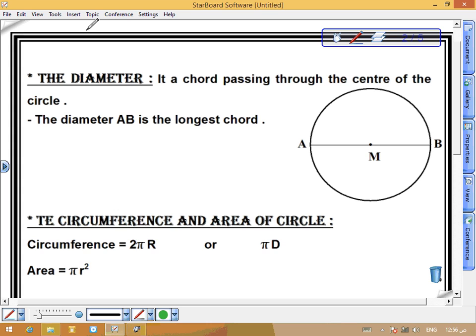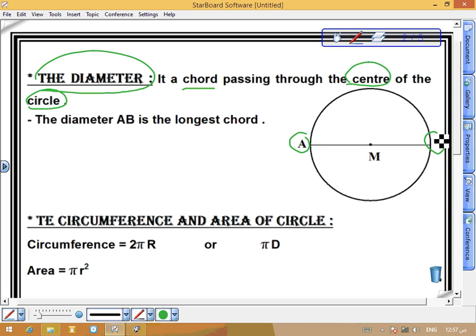The fourth definition here is called the diameter. The diameter is a chord passing through the center of the circle. That's the difference between any chord and the diameter. The diameter is a line segment passing through the center of the circle and joining between 2 points that lie on the circle. Like here, the diameter AB.